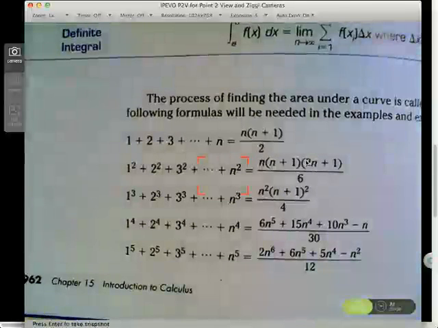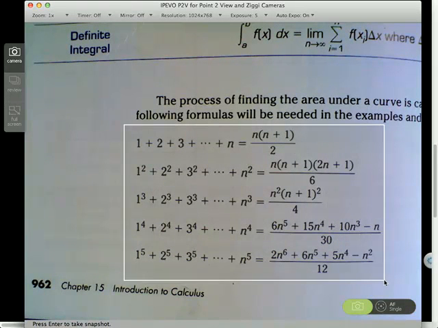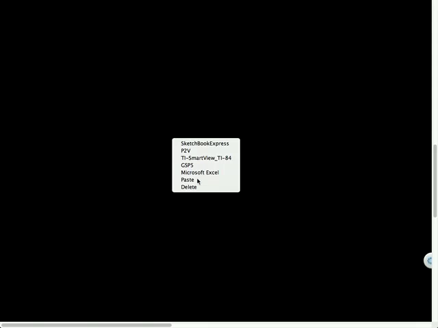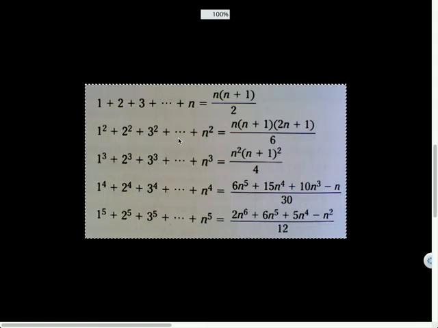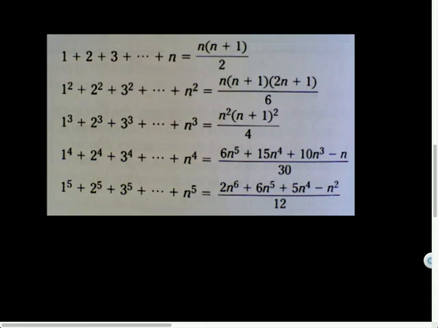These are found, as you can see, on page 962 of your text. So I'm going to snapshot these into my notes. You would be allowed to have these on a quiz or a test. I don't need you to memorize them. You don't necessarily need to write them down. Just write that some factoring patterns are found on page 962.